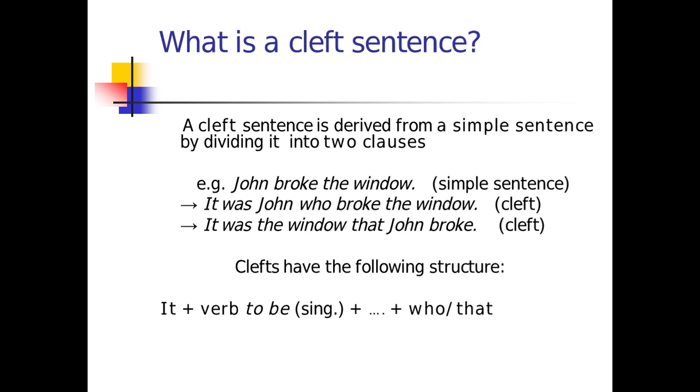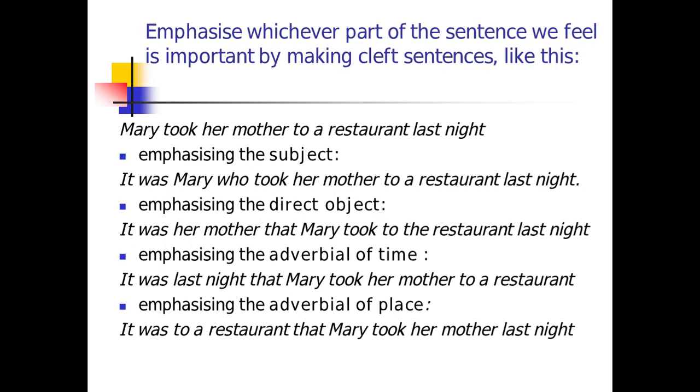It was the window that John broke. Okay? I use it, the verb to be, the complement. Then who, that, and the sequence of our sentence. We can emphasize whichever part of the sentence we feel is important by making cleft sentences.